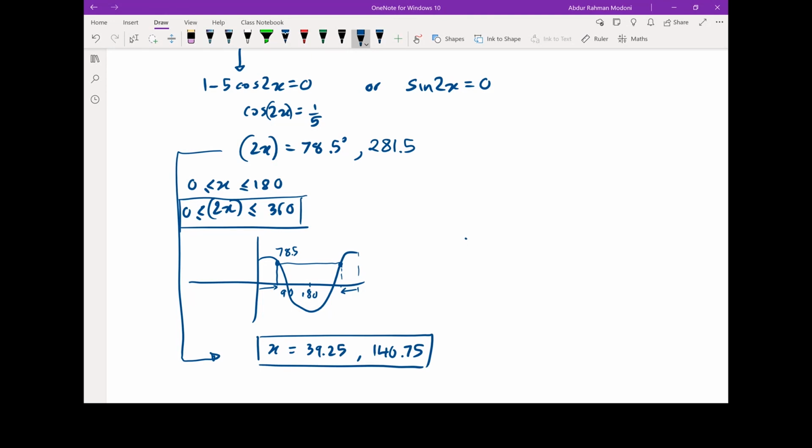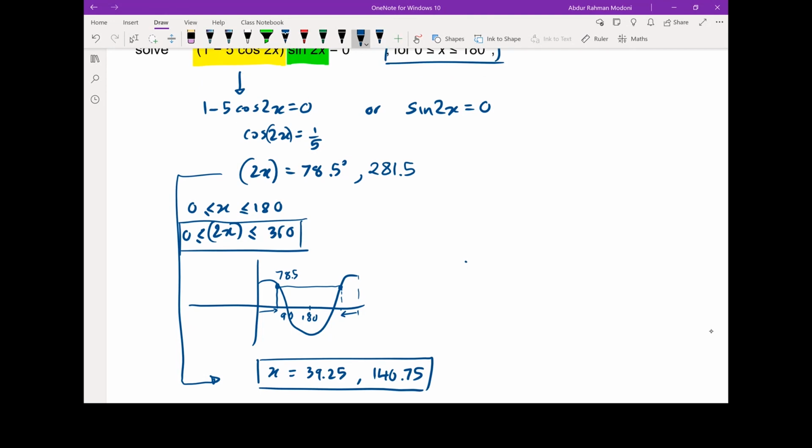We then need to do the same thing for the second equation, sine 2x is equal to 0. If we solve this, we get 2x, keeping the angle intact, is equal to sine inverse of 0. Sine inverse of 0 gives us 0, so we found one of the solutions.